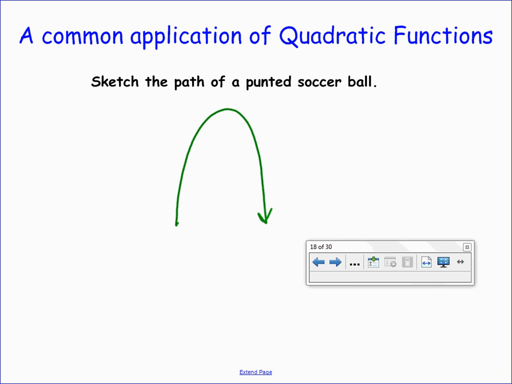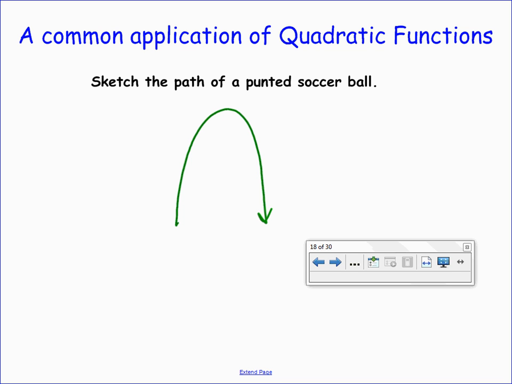We're going to use that fact to get quadratic equations into the mix. We're going to use quadratic equations to model projectile motion. What's a projectile? Anytime we kick something, punt something, throw something, right? As soon as we're done doing the kicking, the throwing, the punting, imparting the force, the loosing of the arrow, then if the only force acting on that object is gravity, we're dealing with a projectile.